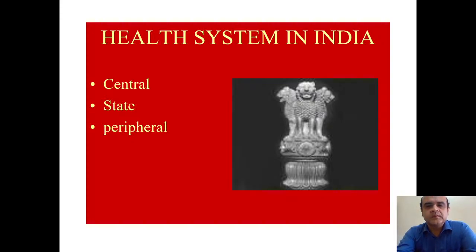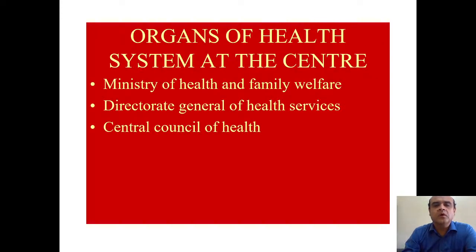Now, the health system in India is again central, state, and peripheral. I already discussed that with you. Organs of the health system at the center: what are the organs of the health system? The organogram, if you see the structures, starts with the Ministry of Health and Family Welfare. In the Ministry, there are different departments to tackle different diseases.